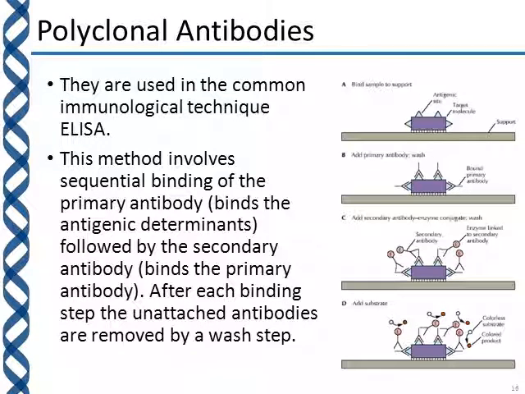The secondary antibody binds to the primary antibody. Any unbound secondary antibody is then washed away. You now add a substrate and then determine the amount of label that is bound to the secondary antibody that's bound to the primary antibody, which is proportional to the amount of antigen which is present.